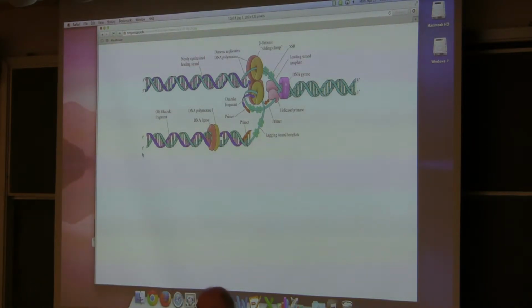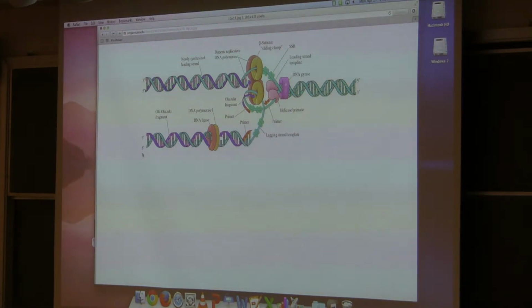Primase is not a DNA polymerase because no DNA polymerases can start a strand. Well, then how does it get started? Well, it turns out that primase is an RNA polymerase. Primase starts DNA replication by putting a piece of RNA down.